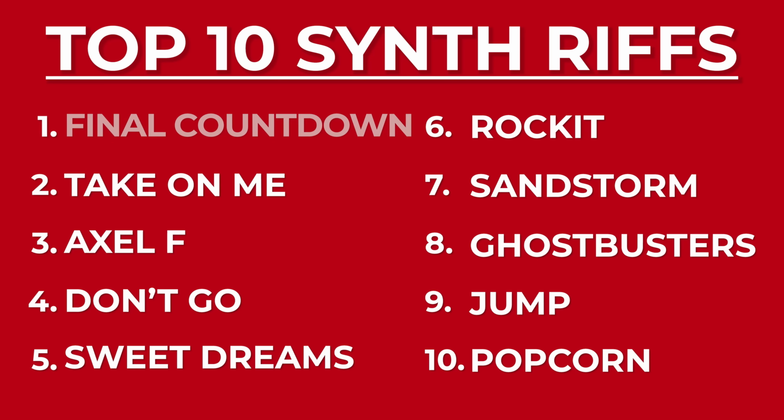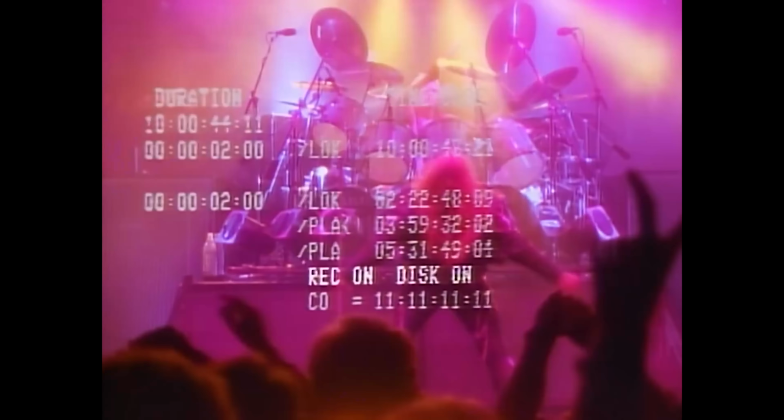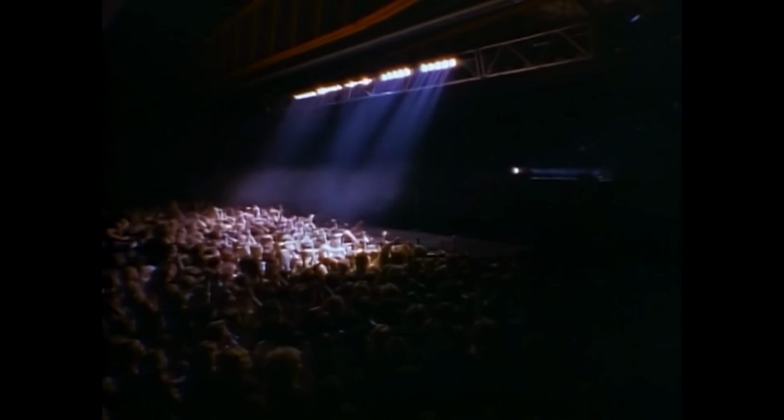Are you ready for number 1? And at number 1, Europe, The Final Countdown. Yes, yes, yes, yes, yes! This epic 1986 glam metal anthem is probably the most recognizable synthesizer riff ever written.